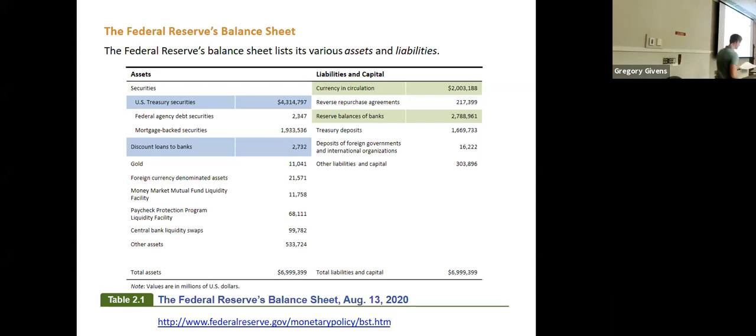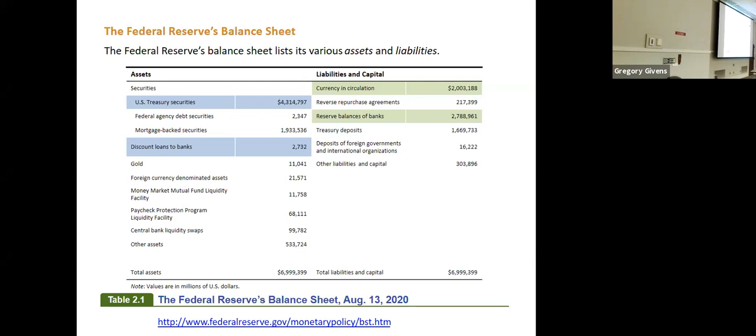A reverse repurchase agreement is an arrangement by the Fed with a private commercial bank whereby the Fed is going to sell one of its U.S. Treasury bonds, typically, to a private bank. But it's going to promise to buy back that security, that asset, at some future date at a fixed price, right?